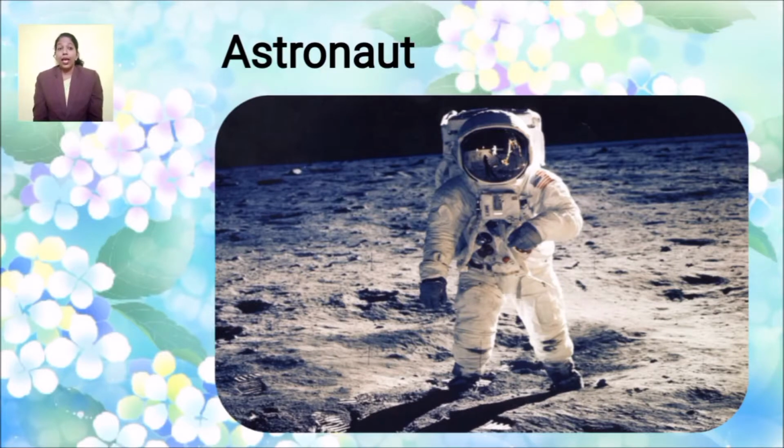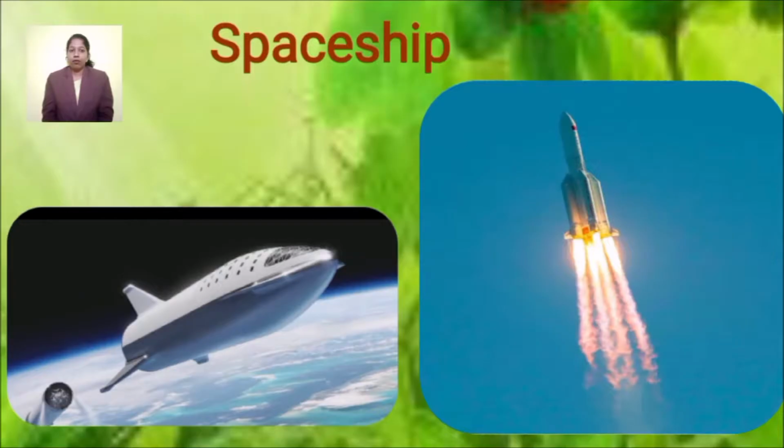There is no air. Many people have gone into space. What are those people called? The people who fly into space are called astronauts. As you can see in this picture, astronauts use a special aircraft to go into space.